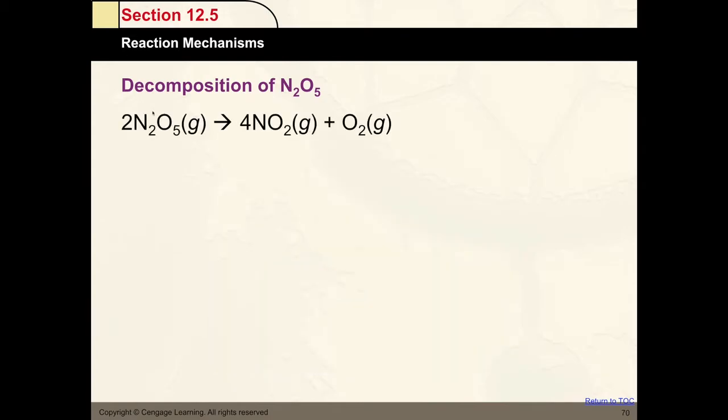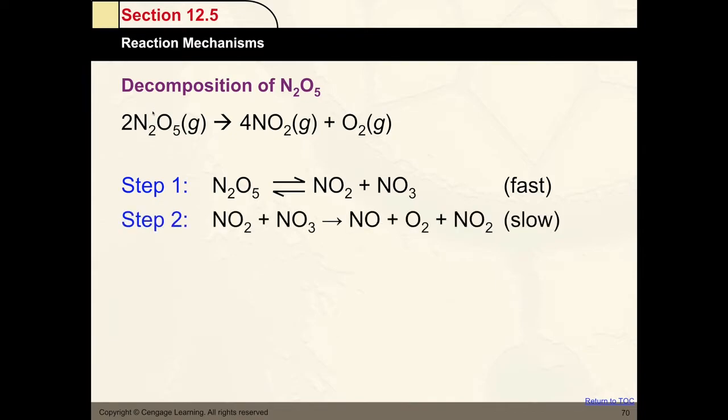So let's take a look at the decomposition of dinitrogen pentaoxide. This can be found by taking a series of small reactions and looking at them. This is the first part, step 1. This reaction also goes on, and I think that you guys can remember from a few chapters ago how to balance these, and then you would want to get things to cancel out.